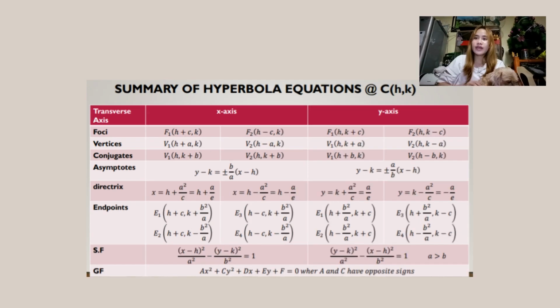And the next one is the summary of hyperbola equations at center H and K. Ito naman yung mga formula na gagamitin natin para makuha yung foci, vertices, conjugates, asymptotes, directrix, endpoints, SF, and GF. Ito yung mga gagamitin natin sa pagsagot ng Exercise 3A.